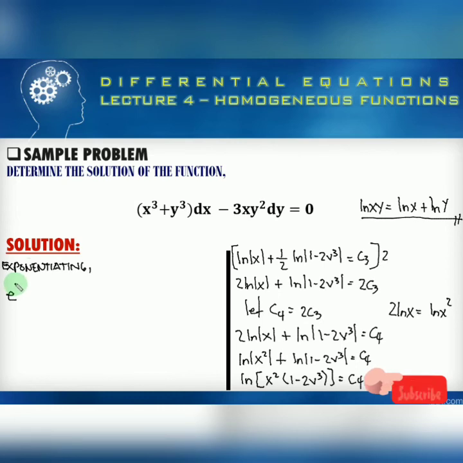So we have here ln of the quantity x squared times the quantity 1 minus 2b cubed, and this is now equal to e exponentiating C4.